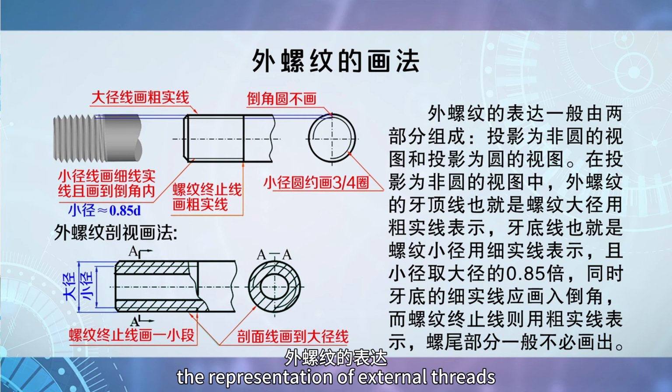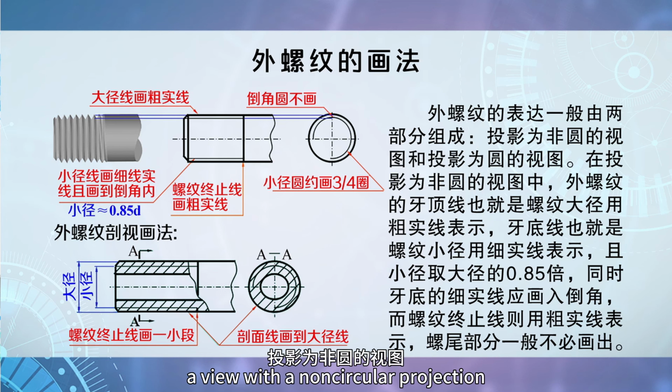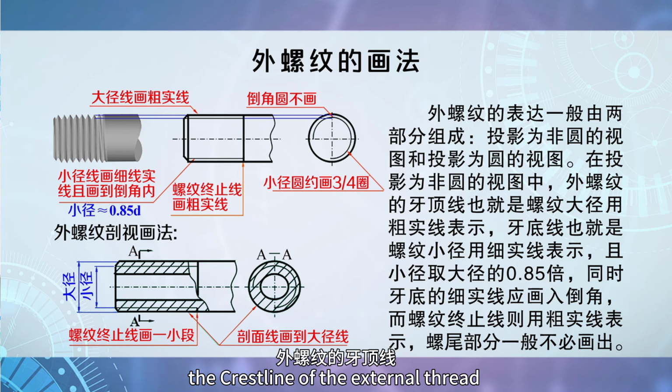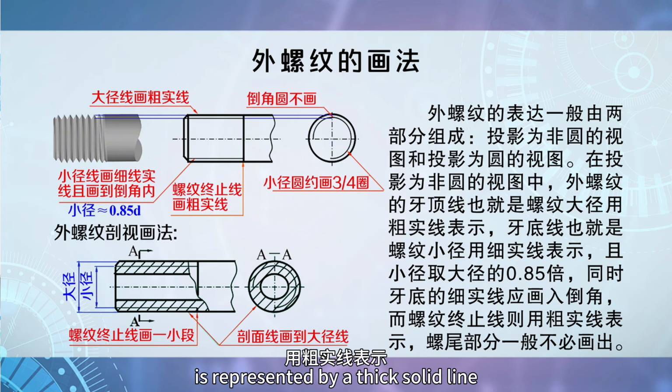The representation of external threads generally consists of two parts: a view with a non-circular projection and a view with a circular projection. In the view with a non-circular projection, the crest line of the external thread, which is the major diameter, is represented by a thick solid line.